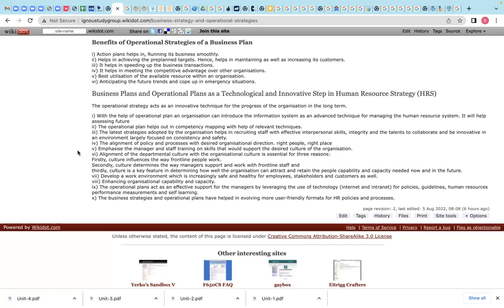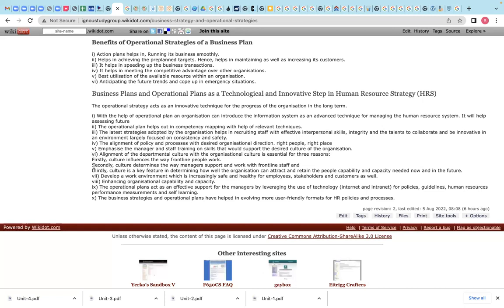It can also help you do competency mapping. While the project is running, you can collect data related to what competencies people are picking up. It is going to help you in recruiting staff with effective interpersonal skills, integrity, etc. It can also do alignment of policy and process with the desired organizational direction.